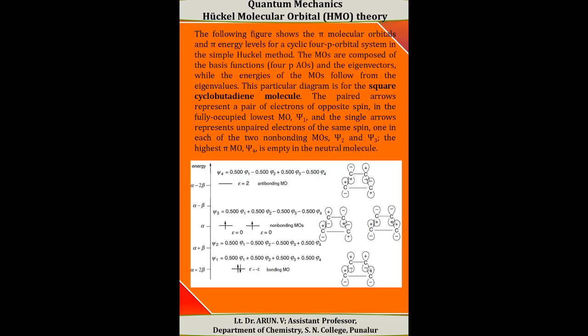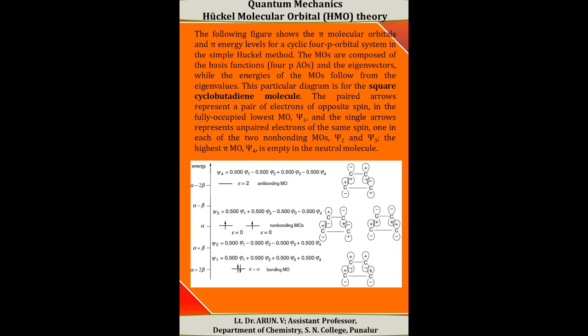The following figure shows the pi molecular orbitals and pi energy levels for a cyclic 4p orbital system in the simple Huckel method. The molecular orbitals are composed of the basis functions of 4p atomic orbitals and the eigenvectors, while the energies of the molecular orbitals follow from the eigenvalues.